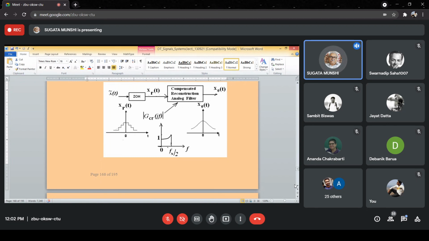So in majority of applications, after the DAC, a simple low pass analog post filter with cutoff frequency fs by 2 is placed.